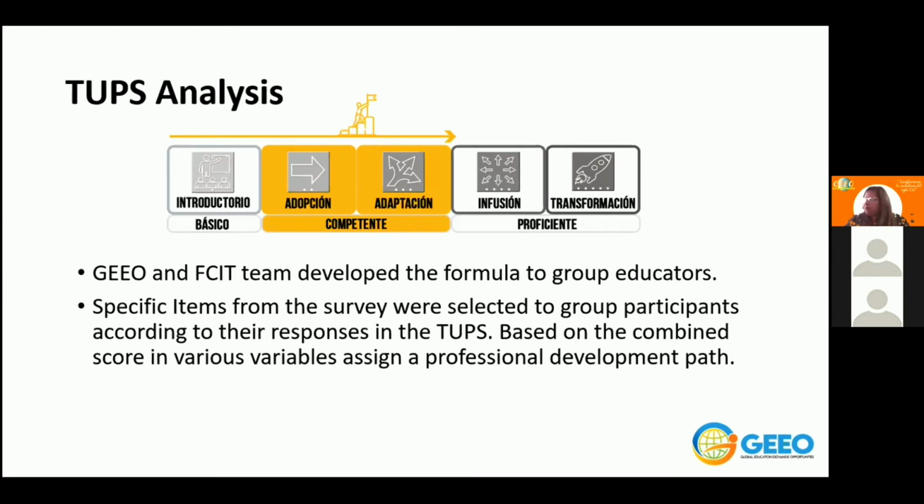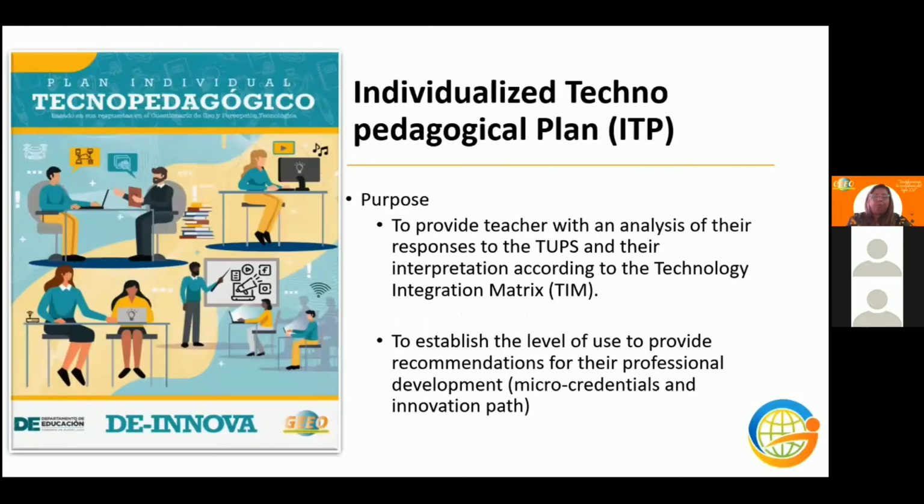The 5 levels in the technology integration matrix were grouped into 3 distinct categories that would have the highest variability: basic, competent, and proficient. That's how we would assign who they would provide which kind of training to, and that's what that representation means.